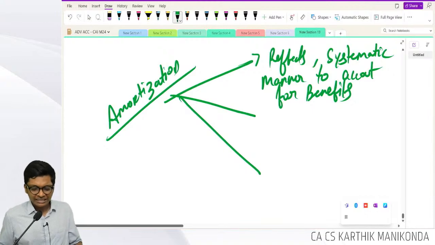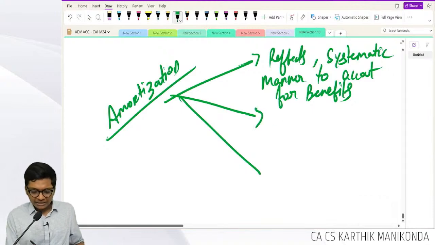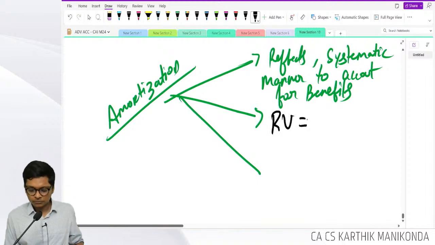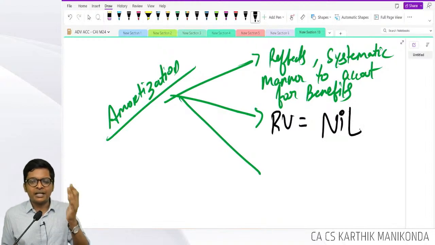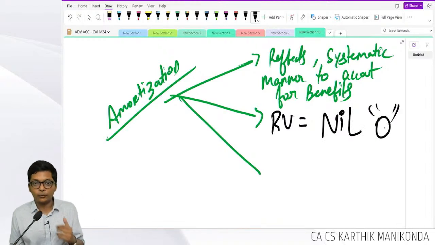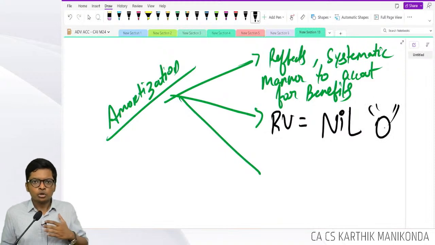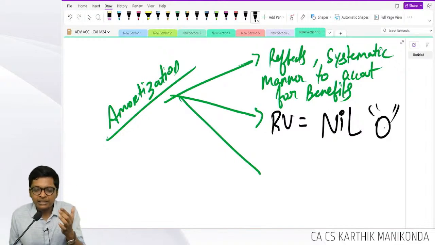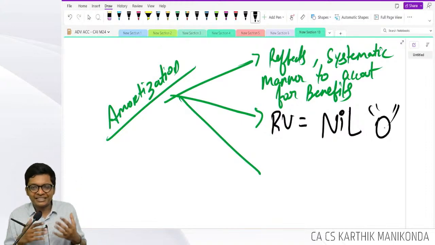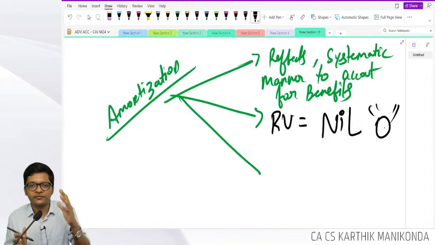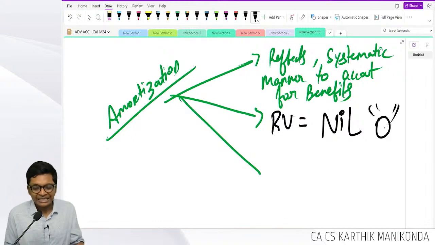Next. Second one, what is the residual value for an intangible asset? Nil. What is the residual value of Kingfisher after Vijay Mallya left? Became 0 for airlines. I'm talking about airlines. Okay. So generally, residual value for an intangible asset, if it's not given in the question, assume it to be 0. But if you want to argue and say, no sir, for my intangible asset, residual value is 20 lakhs, 40 lakhs, 50 lakhs, 1 crore, 2 crores, it's fine.